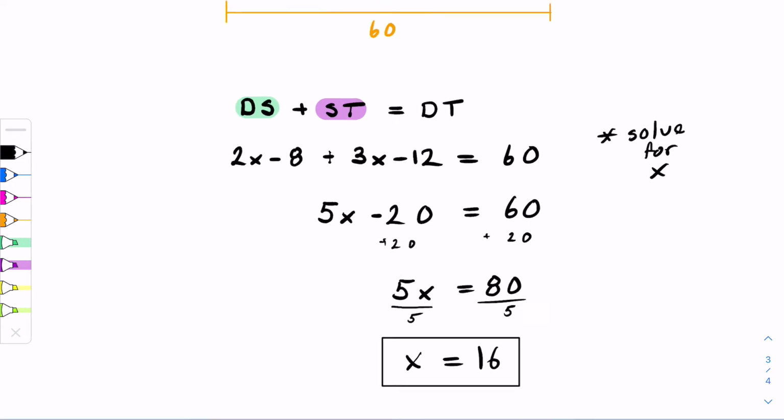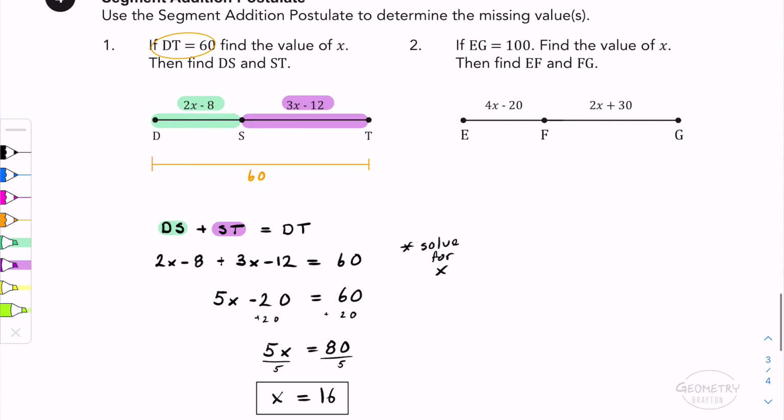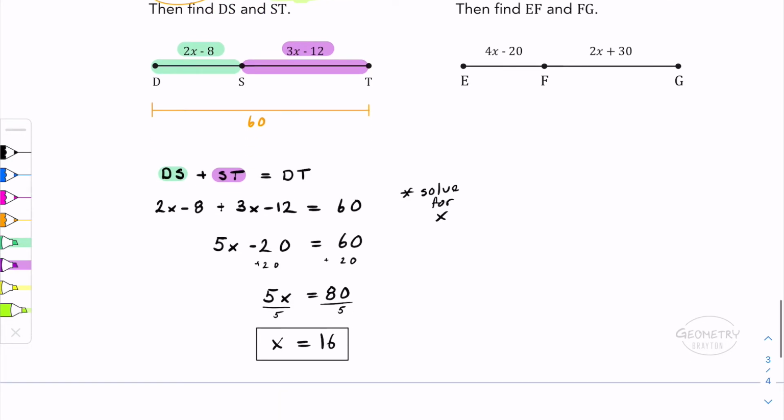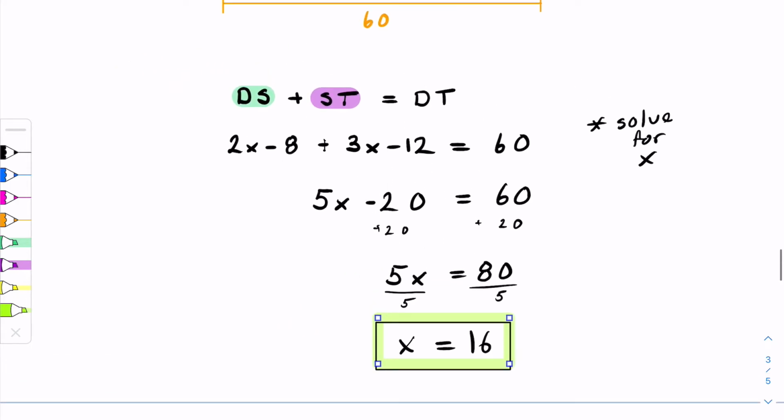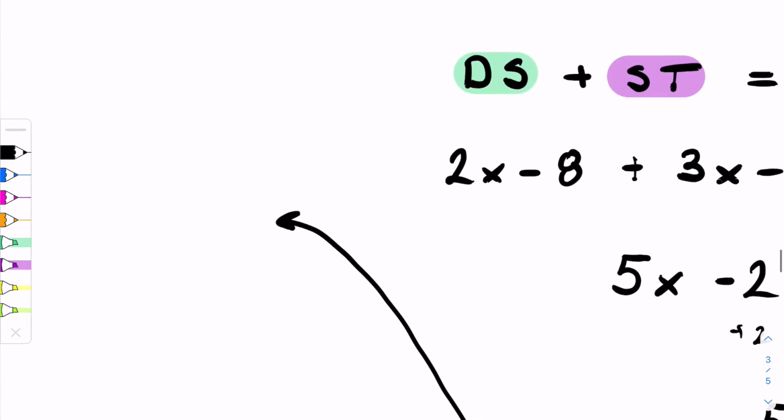The directions say to find the value of x, but then also to find the value of DS and ST. So we just found our value of x. And now let's substitute that back into my expressions. So let's start with DS. So DS is equal to 2x minus 8.